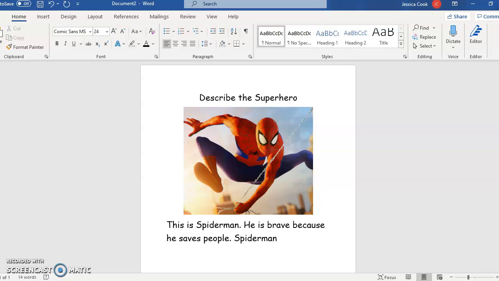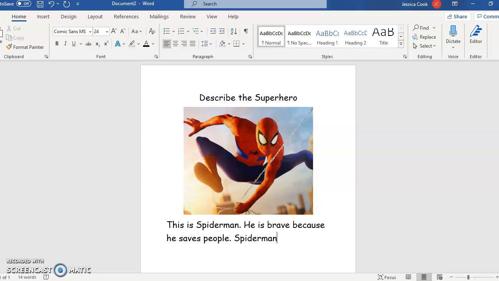He's got a red mask on. His logo is a spider, isn't it? And he makes webs, but does anybody know how he gets the webs to come out? I think he presses a button on his hand and then the webs shoot out. But you could write about that.